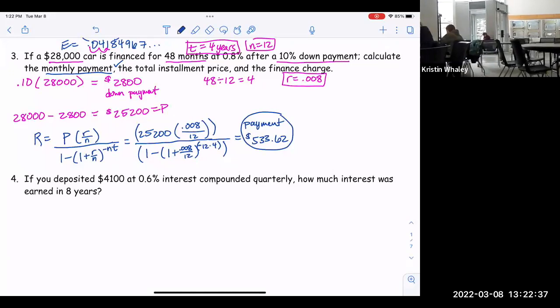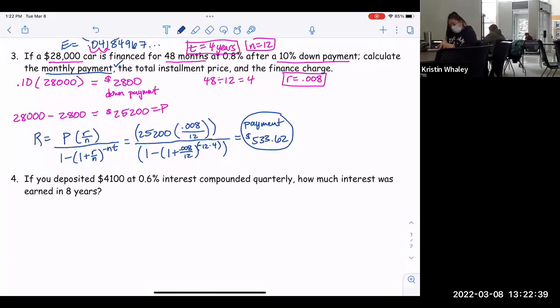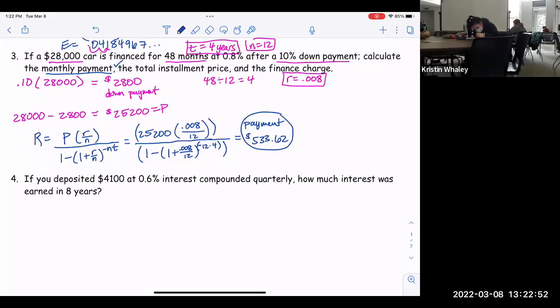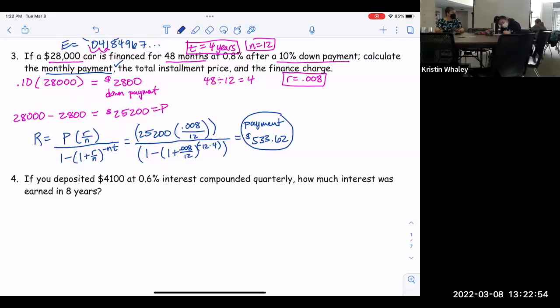We calculated the payment amount, and the payment factors in both paying back what you borrowed and paying the interest on that. So really, if I want to find the total amount that I'm paying, I need to figure out the total of my payments, and then also factor in the down payment.